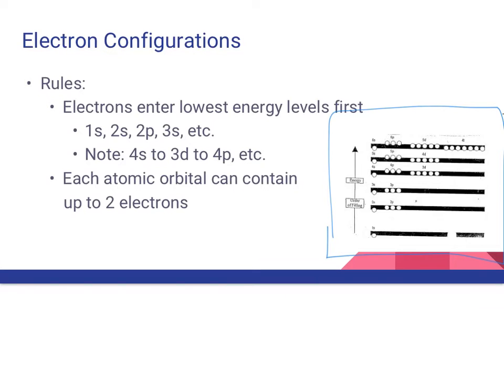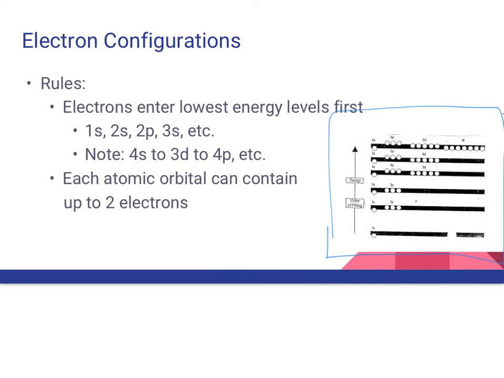Now, when we write electron configurations, there are some rules that we need to follow. The rules will become easier to understand once I start showing you examples. But for now, here's what we need to know. The very first rule for writing electron configurations is that electrons are always going to enter the lowest energy level first.